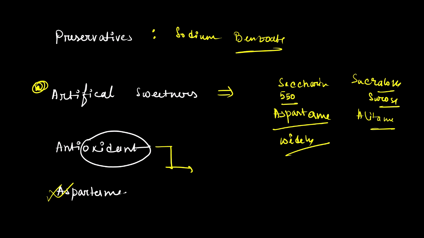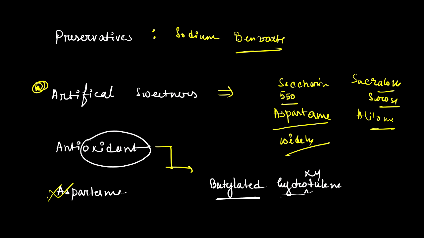A few examples of antioxidants are, first of all, butylated hydroxytoluene. We all know the structure of toluene, then hydroxytoluene, then butylated hydroxytoluene, one of the examples.